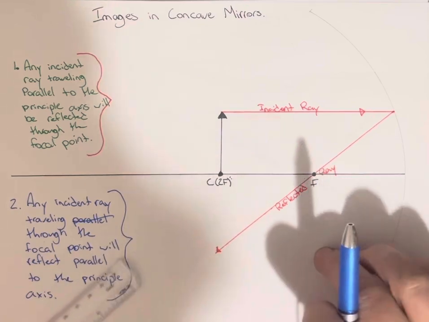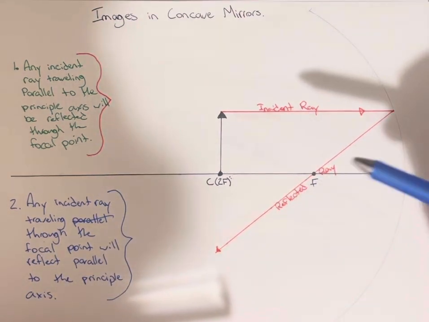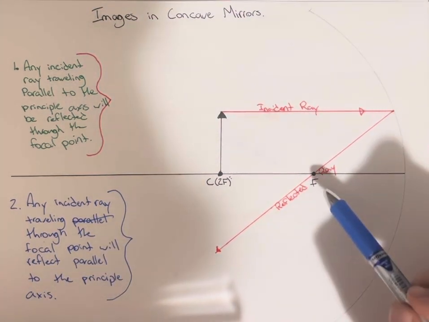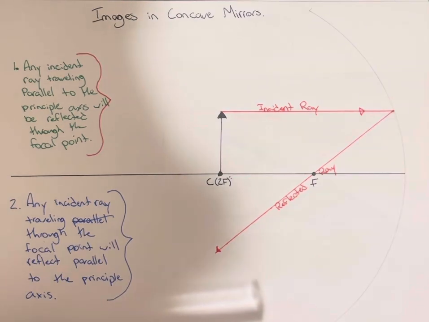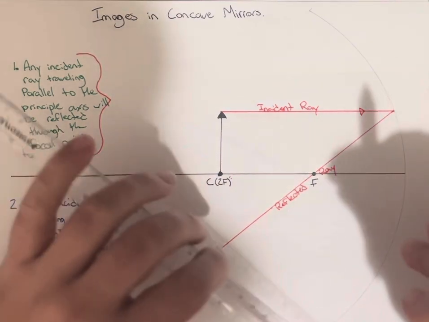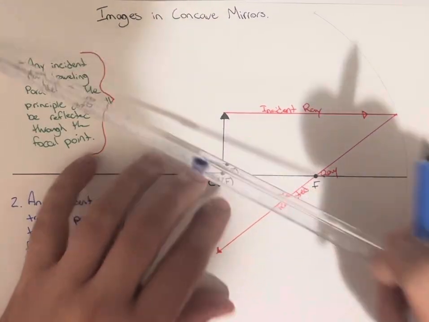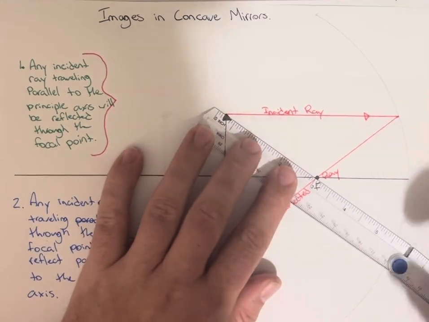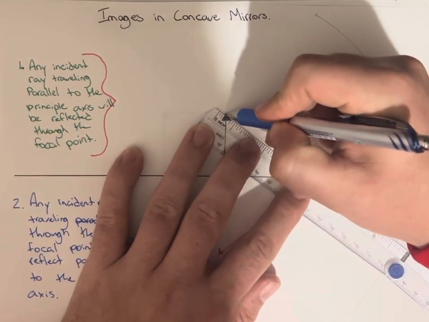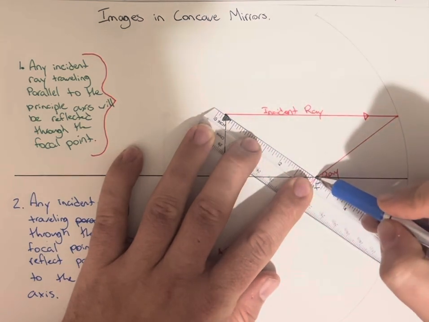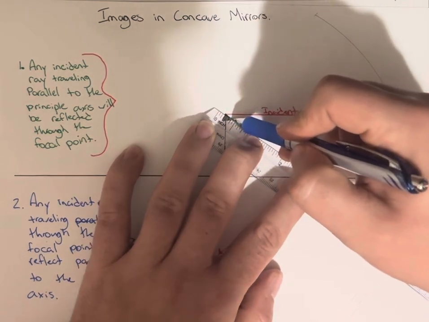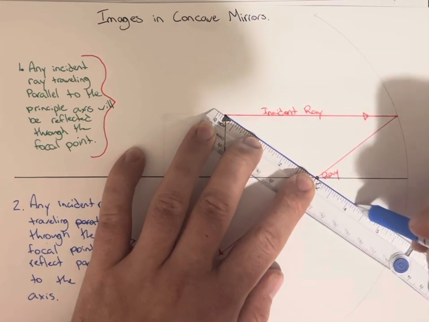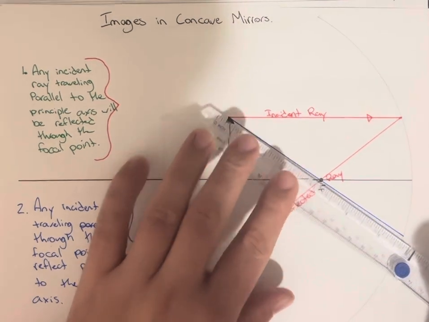So that is rule number one out of the way. Now rule number two, we know that any incident ray that passes through the focal point is going to reflect parallel to the principal axis. So I can then take my ruler, starting off again from the very point of the arrow, and take my pen, making sure that I have a line going directly through the focal point and contacting the surface of the mirror.